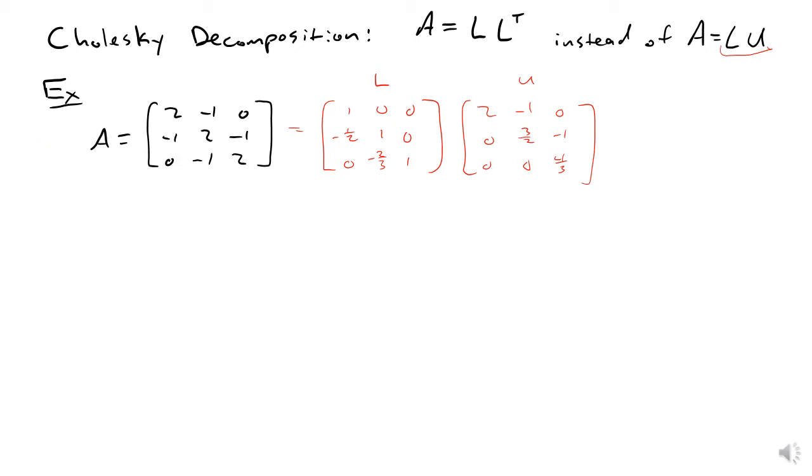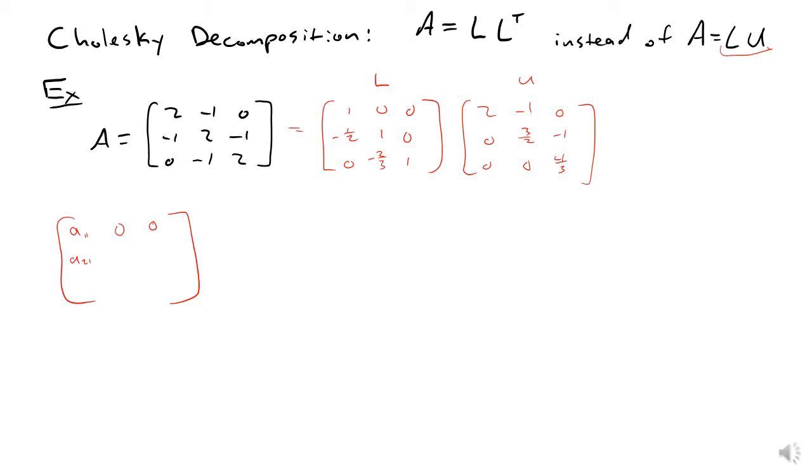is I want L times L transpose to equal A. So let's just make up some matrix to represent matrix L. I could use a whole bunch of subscripts. I could call this A11, 0, 0, A21, and so on.